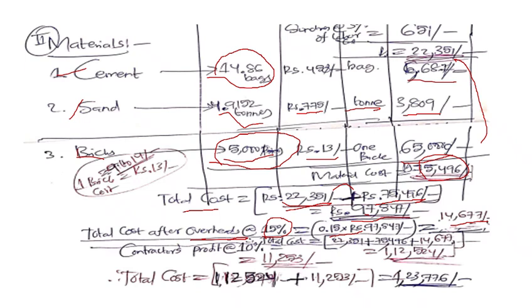So 22,350 rupees is the labor cost, 75,496 rupees is the material cost, and 14,677 rupees is the overhead charges. The final answer is 1,12,524 rupees. After adding overhead charges, the contractor's profit is 10%. 10% of 1,12,524 rupees is 11,253 rupees.